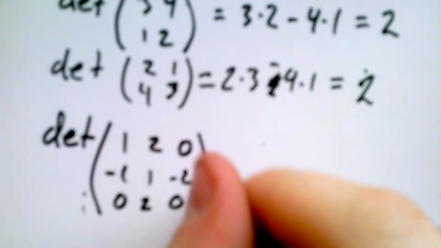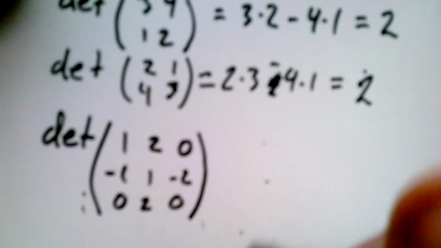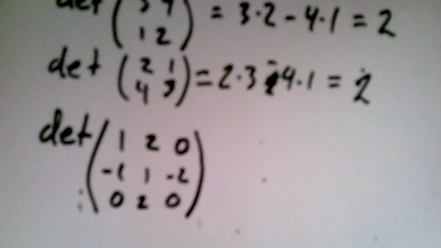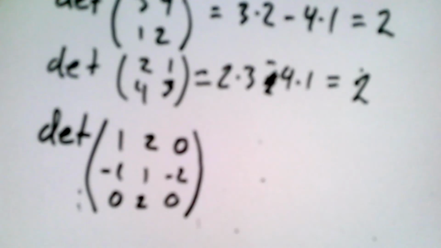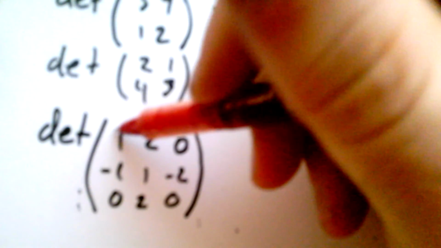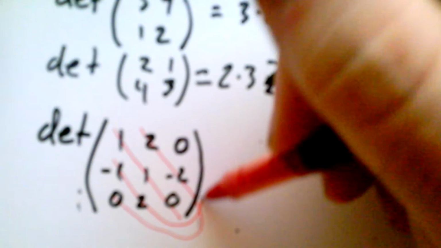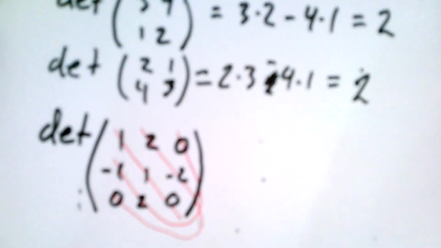Great. So, with a 3 by 3 matrix, we're going to compute the diagonal and the triples that are parallel to the diagonals.